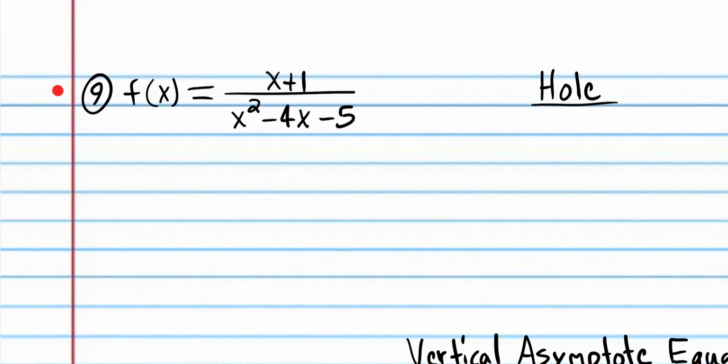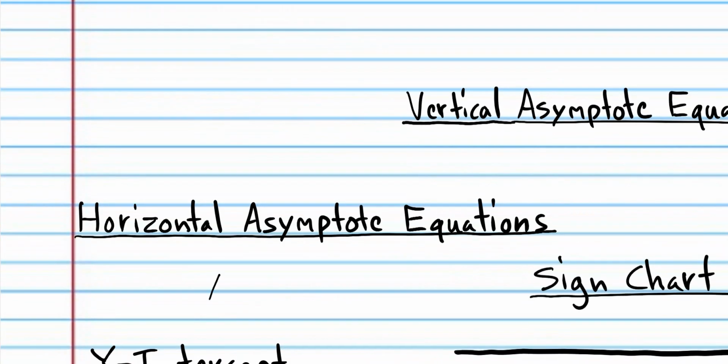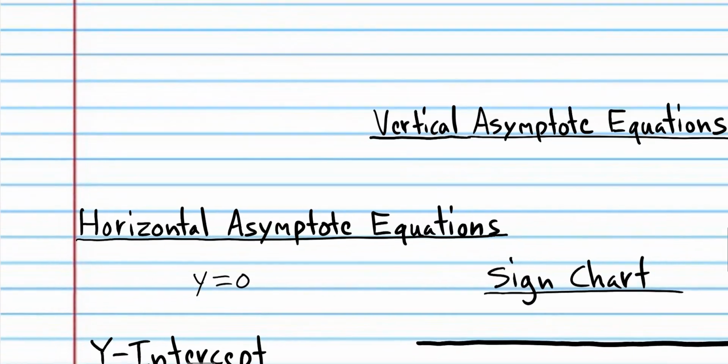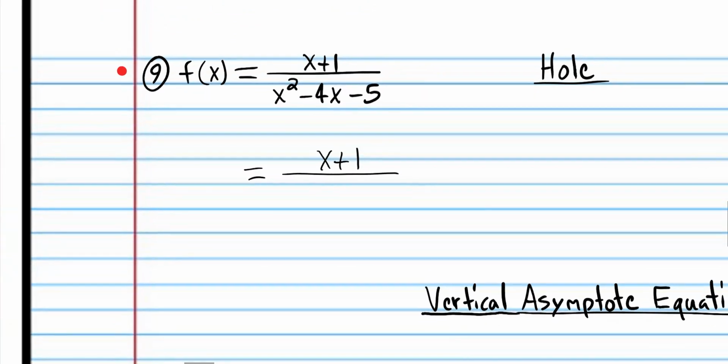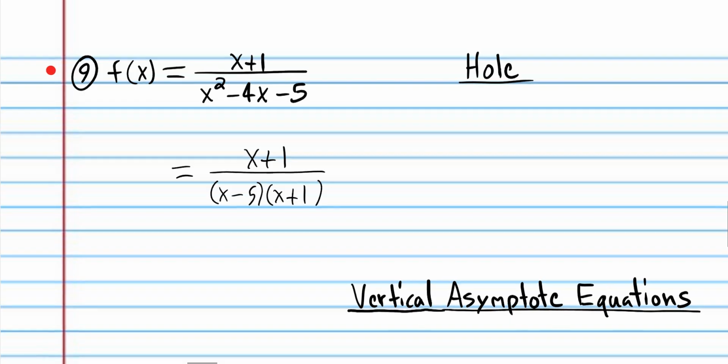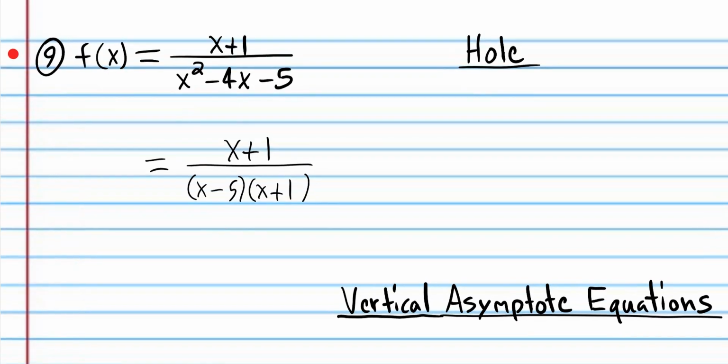So now first of all, let's write the equation of the horizontal asymptote. And let's factor the denominator to find the locations of the vertical asymptotes. So this is an unusual situation because look what happens. Those factors cancel out.